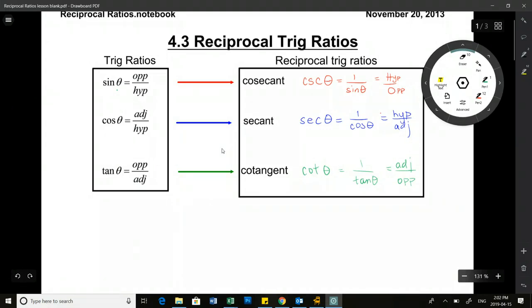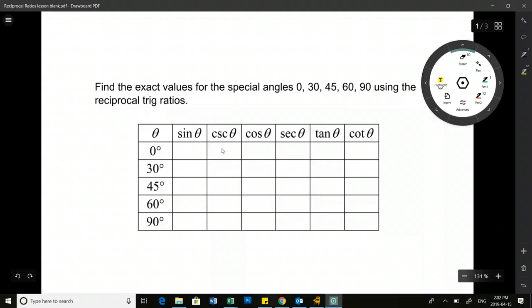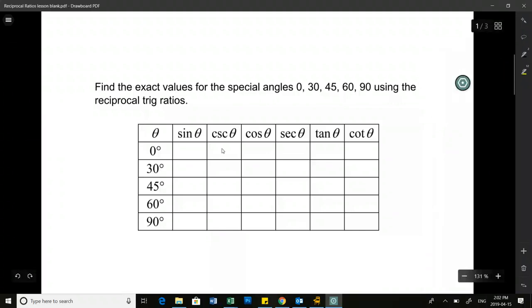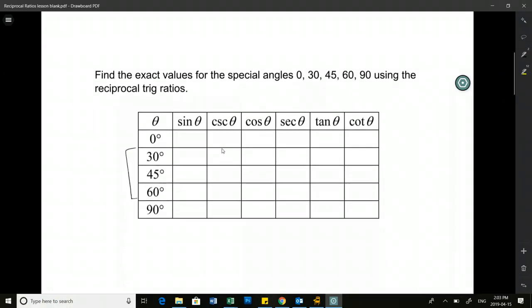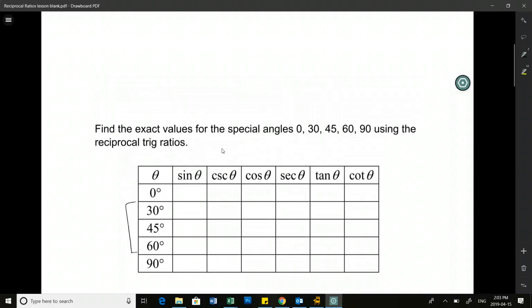Okay, so if we know these things, we should be able to set up a nice little chart for what all of these are from the special triangles. I'm going to start with this set right here first because those are directly from the special triangles. I'll draw the special triangles up top so we can remember where we're getting these values from.